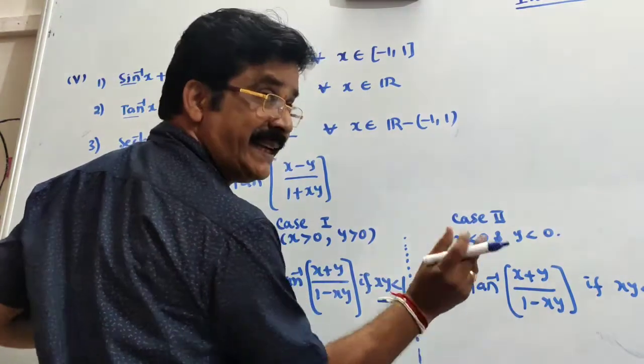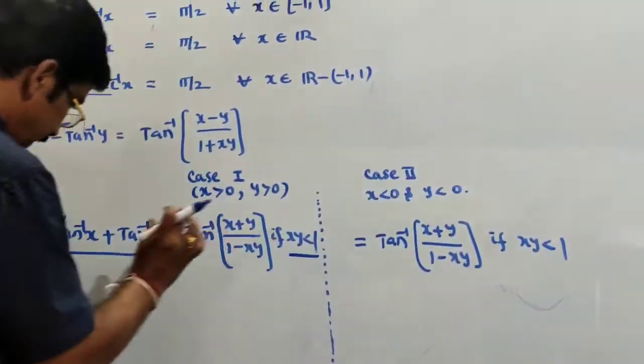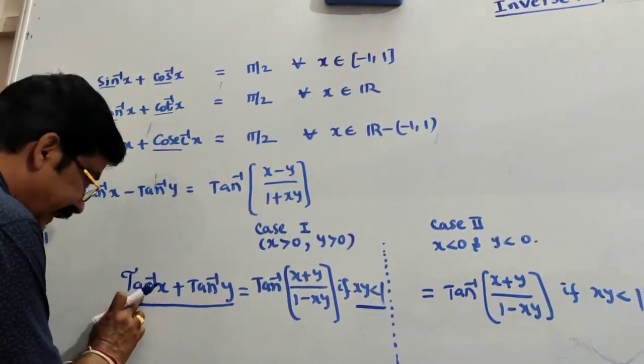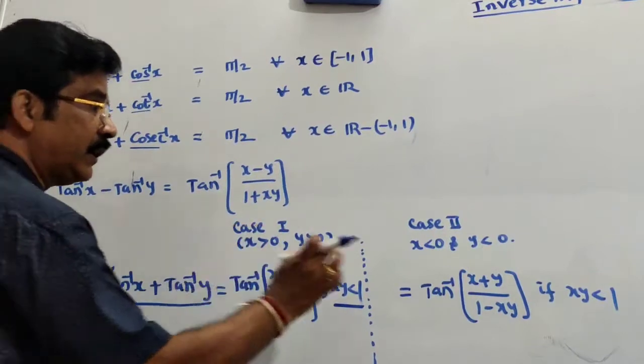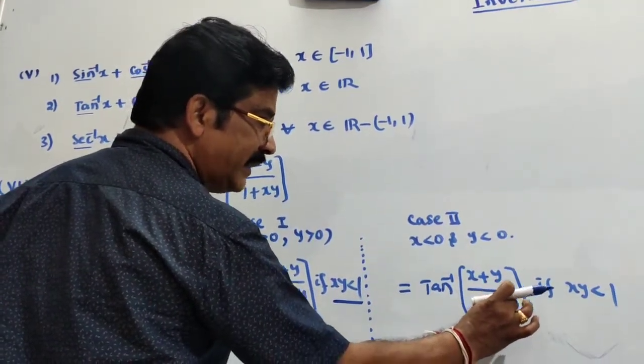So here also read as x negative and y negative, and if xy less than 1, then tan inverse of x plus tan inverse y equal to tan inverse of x plus y divided by 1 minus xy.